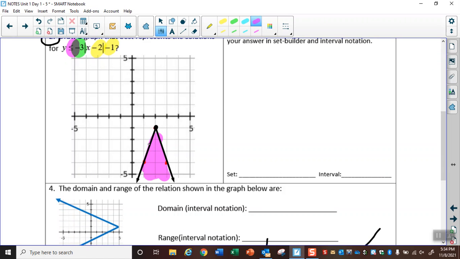So, in looking at this, are there any solutions to this graph? If I look at this, are there any x-intercepts? And this would be, no, there are no x-intercepts.